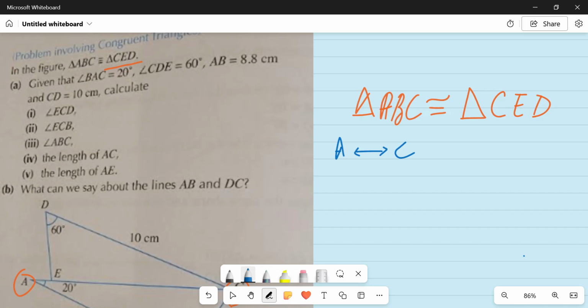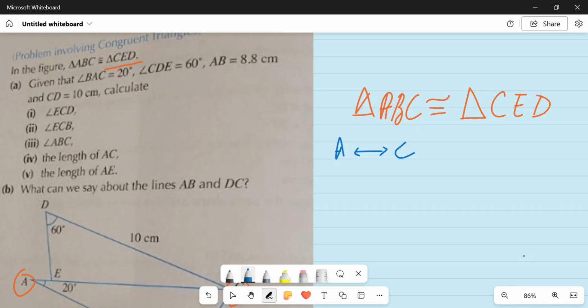Corresponding means they have the same measurement, the same size. If one angle is 30 degrees, the other angle is also 30 degrees. That's why I'm using the word corresponding. That is called corresponding angles.